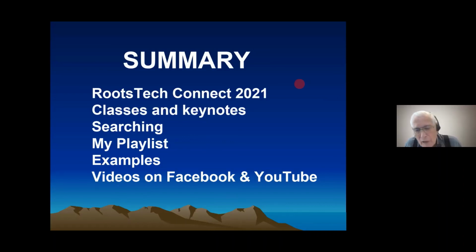If you're interested in MyHeritage, there's a whole series on that, or on dozens of other subjects. You can save it. If you sign in yourself, then you get a playlist. You don't have to sign in to watch any of this, but if you do, then you have your playlist. We looked at a bunch of examples of this, and there's lots more that we could have talked about.